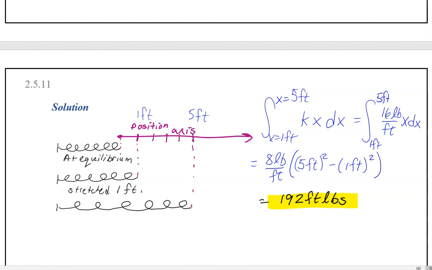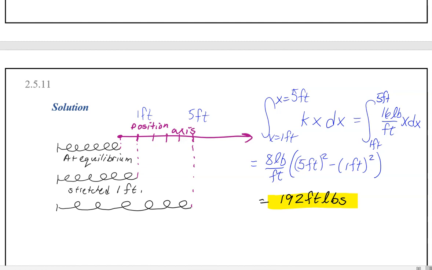We'll end up with square feet for this unit divided by feet, which will give us the foot-pounds in our result. When you work out the arithmetic, you'll find that you need 192 foot-pounds of work to accomplish this. If you were to integrate from 0 to 4 feet, which is the same distance, you would find that it requires less work since you're starting from equilibrium.